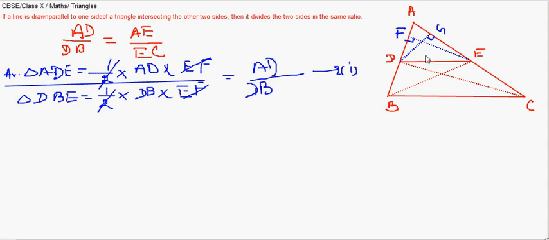On the other hand, if we look at ADE, it can also have DG as its height or the altitude, and DEC as well. ADE has DG as its height, DEC will also have DG as its height, as we just mentioned when we were starting and reading the figure.